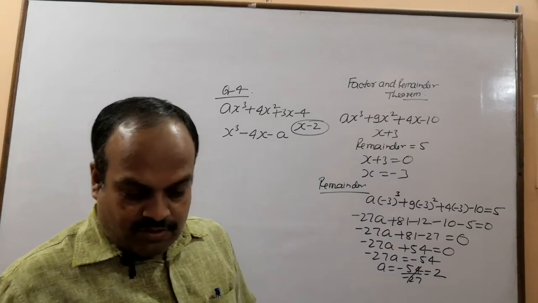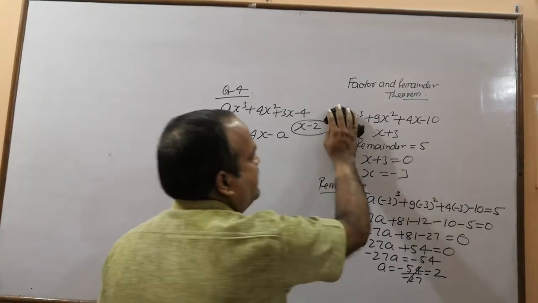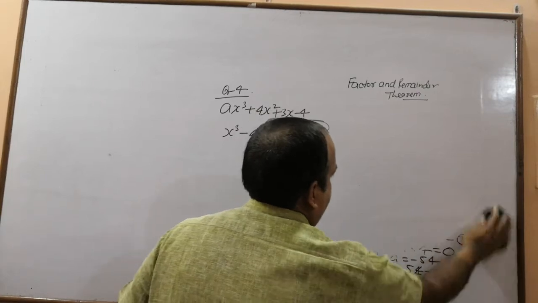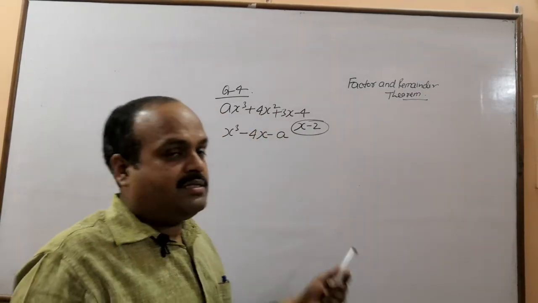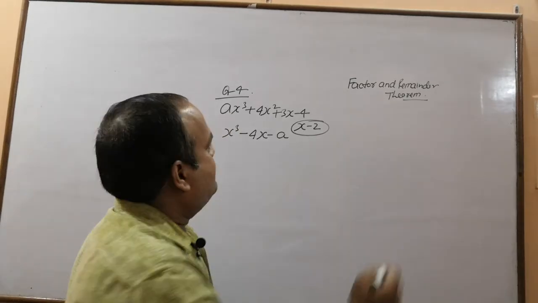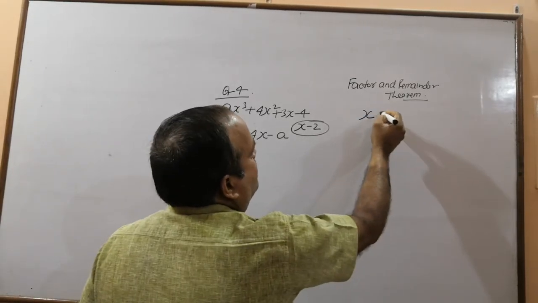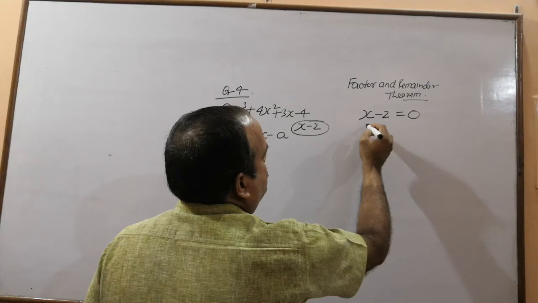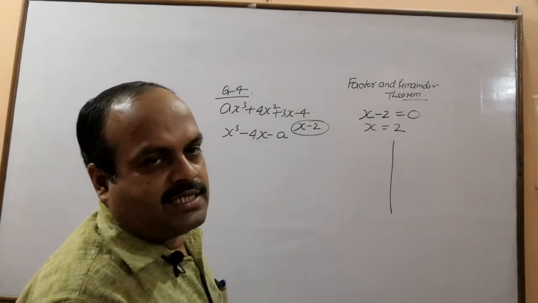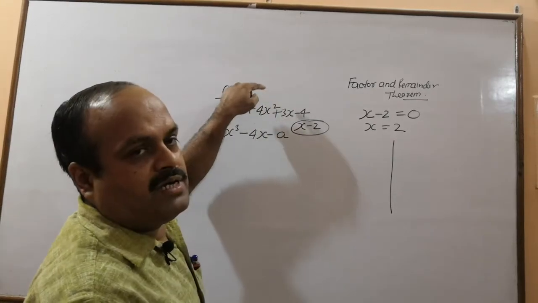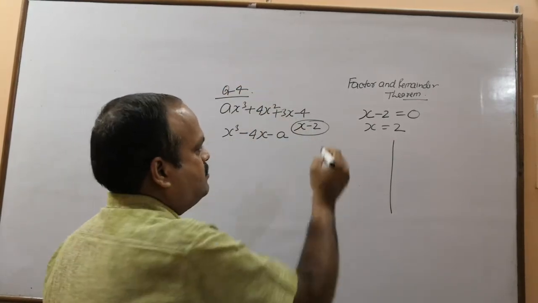So what we have to do? We have to find the value of a. We have learned how to get the remainder. x minus 2 equals 0 gives the value of x as 2. So let us get the remainder in this case, I mean when this one is divided by x minus 2.